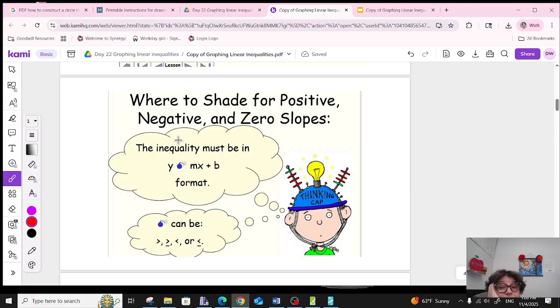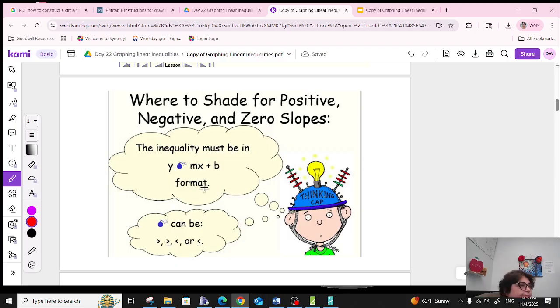Where to shade for positive, negative, and zero slopes? The inequality must be written as y and either less than, greater than, or whatever inequality, in mx plus b format. So we will always want it written in slope intercept form, okay?